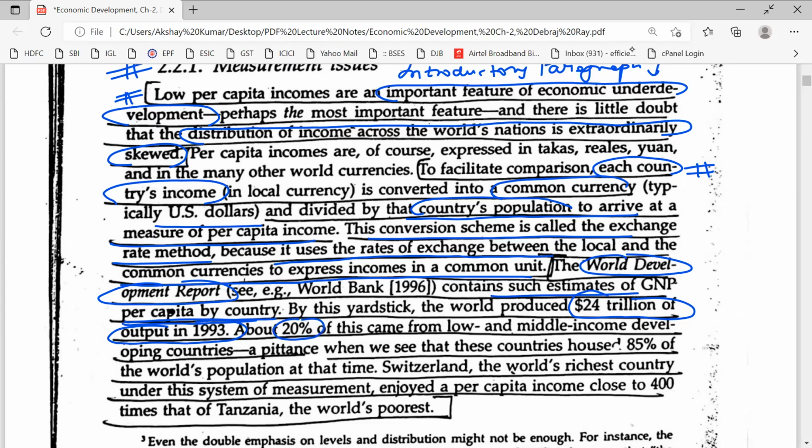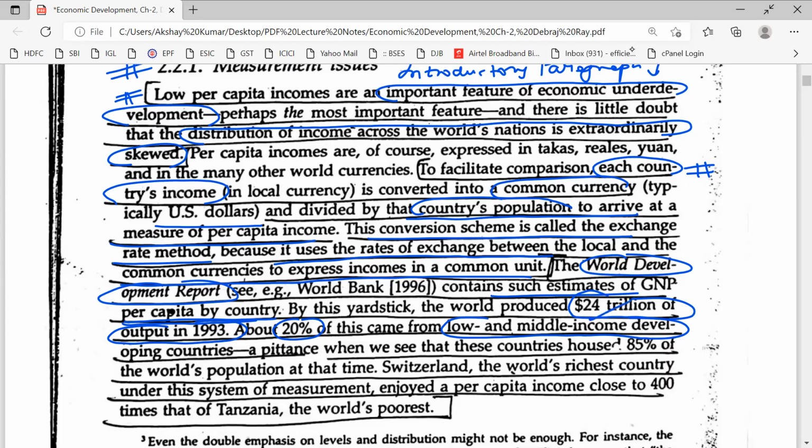About 20% of this output came from low and middle income nations, whereas 80% of this output was produced by richer nations, or I can say wealthier nations. So it shows the amount of polarization. That's the correct word we use, polarization. Polarization means that you have the richer nations completely dominating on one side, followed by a small share of the poorer and the middle income nations.